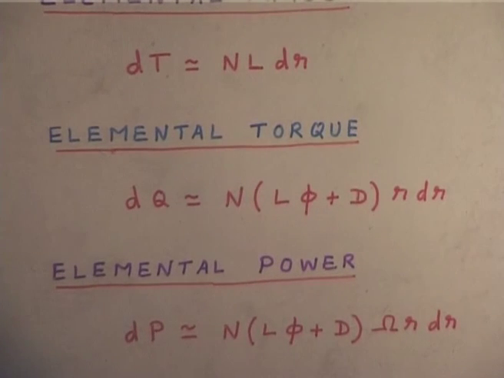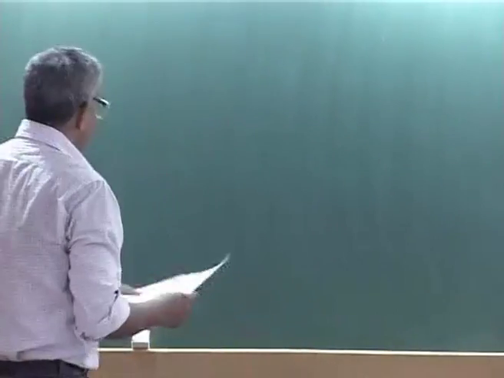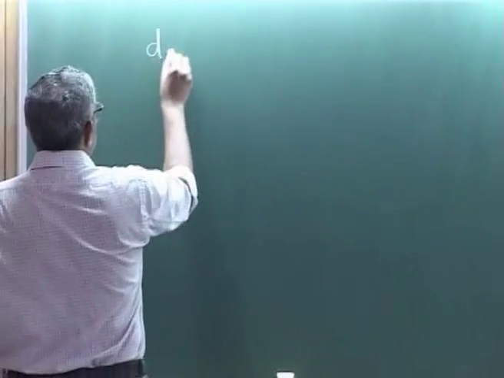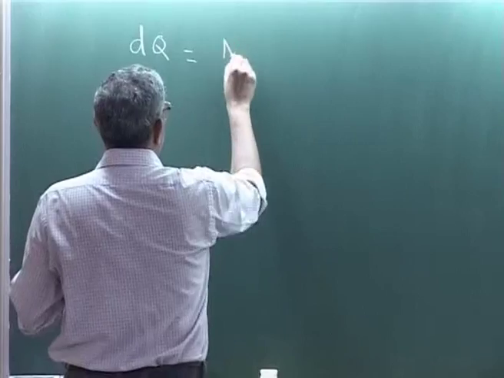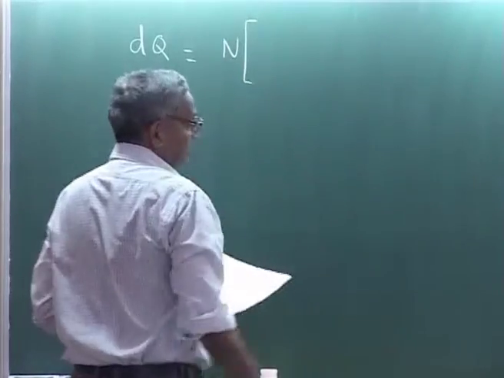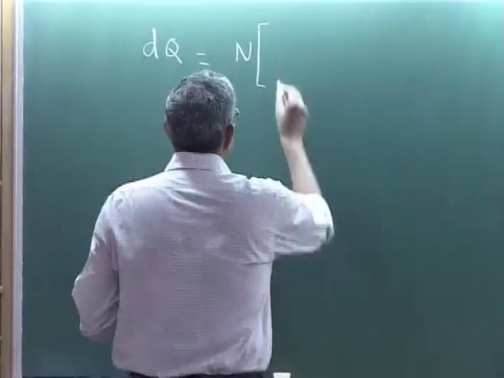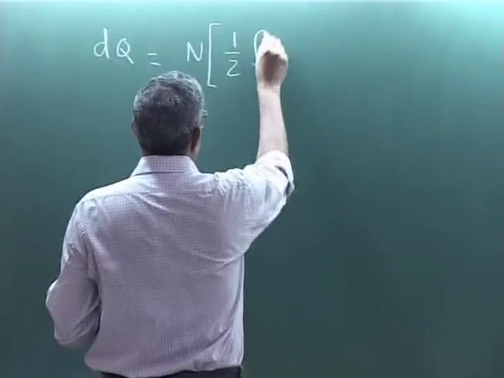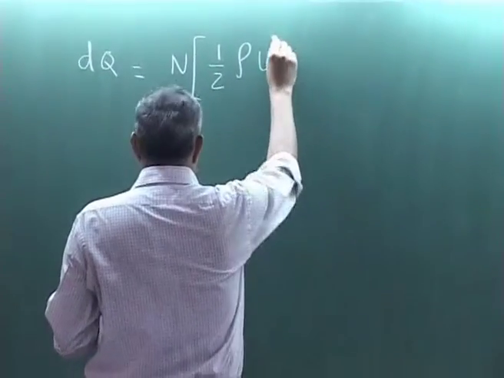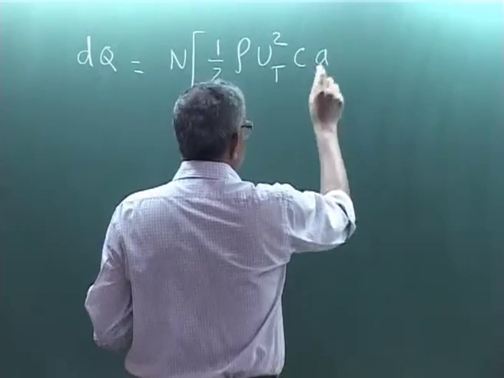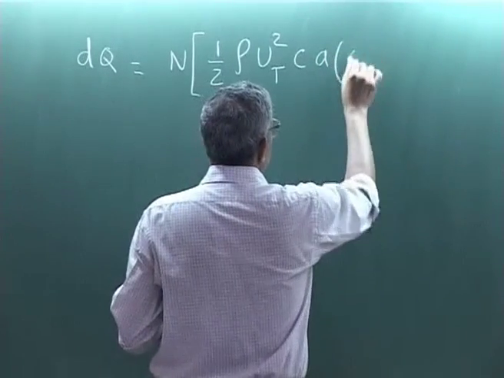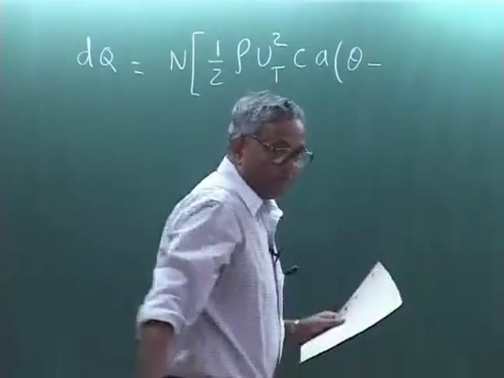After that, as usual we non-dimensionalize the whole expression. We take dQ, and you are substituting for the lift and the drag. Lift we wrote as half rho ut square c and then lift curve slope into theta minus phi.